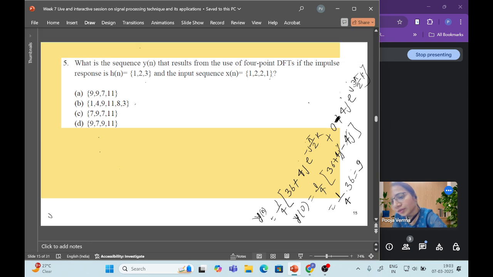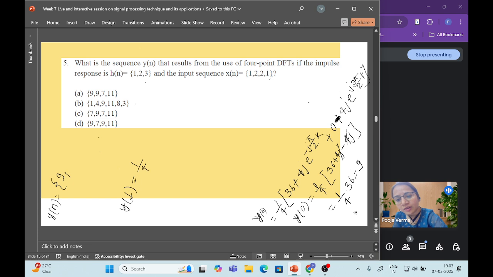Okay, so y of n, what we have got is 9. First value is 9. Now we will get y of 1 also, just putting n in this equation 1.